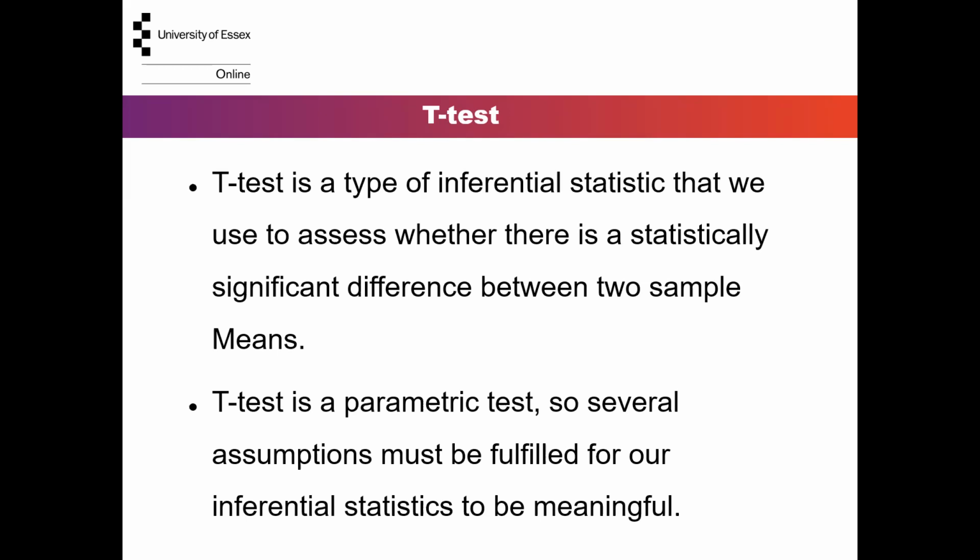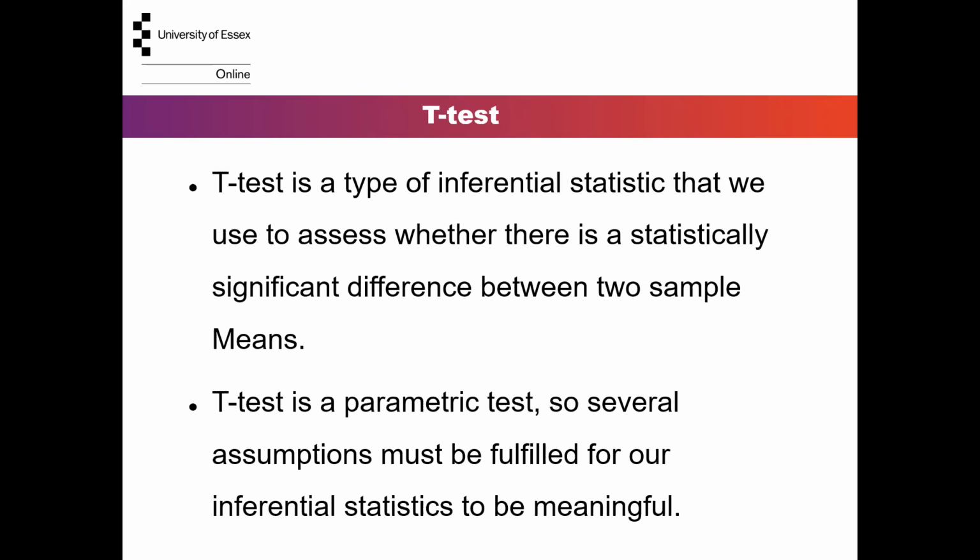Imagine we're interested in assessing the effectiveness of an antidepressant drug. So we design a study. Let's say we have 20 participants, and we want to see whether there is a statistically significant difference in depression scores before our participants receive the antidepressant drug and after.